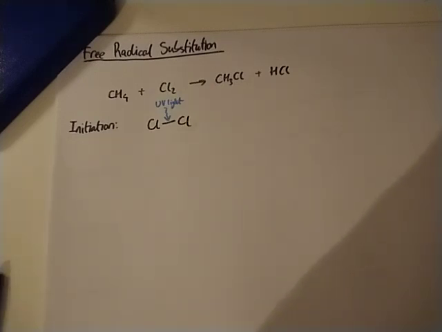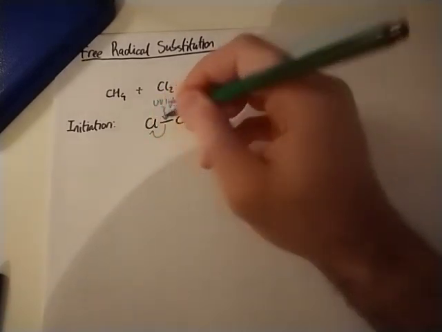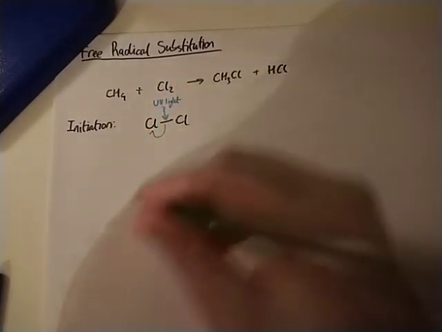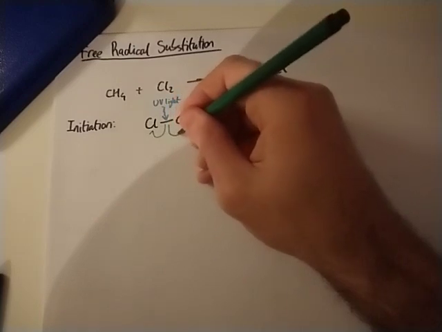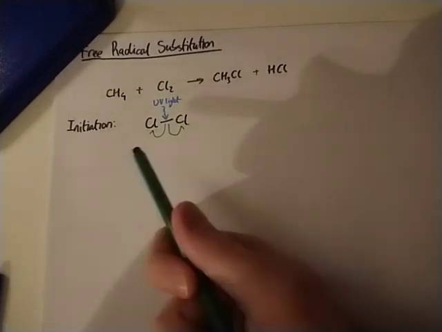And what's going to happen is your shared pair of electrons, one of the electrons from the bond is going to move to the chlorine on the right. The other electron is going to move to the chlorine on the left. I just thought I'd confuse you there by trying to say the opposite one at the same time. I do know my left and right, I promise you.